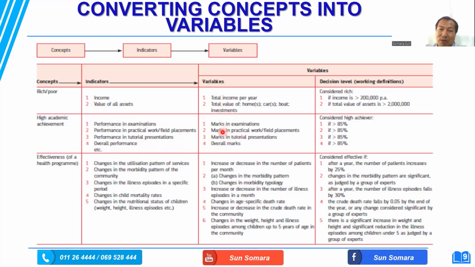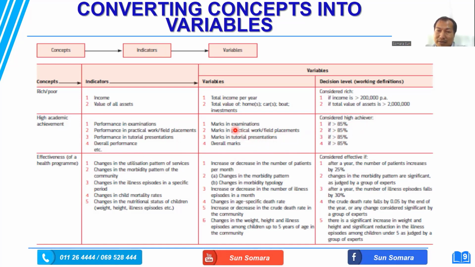So the variables are marks in examination, marks in practical work and field placement, marks in tutorial presentation, and overall marks. Here we consider a high achiever if their mark is higher than 85%.